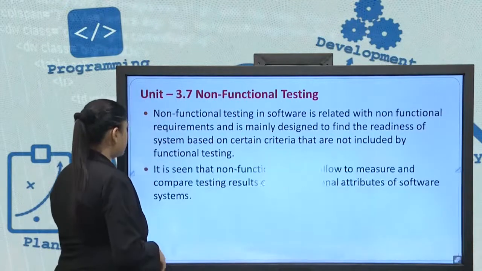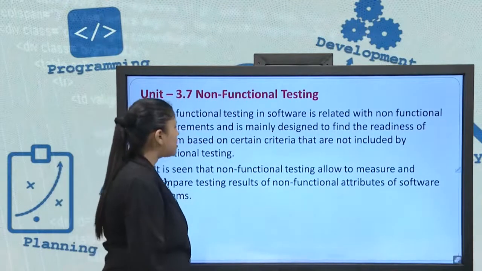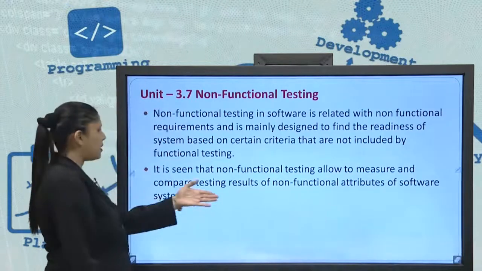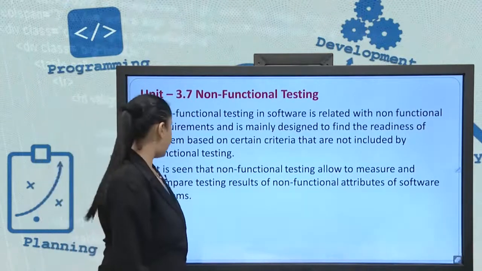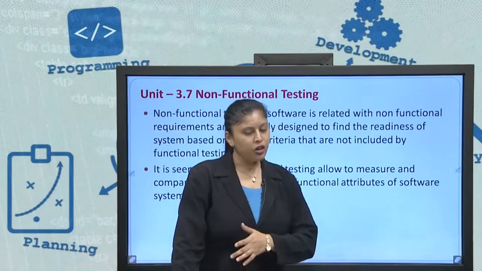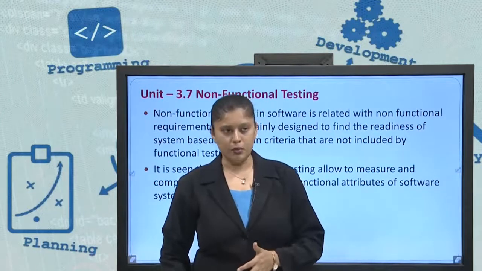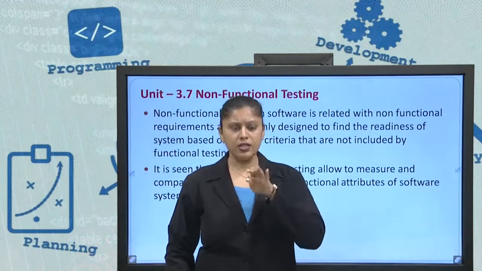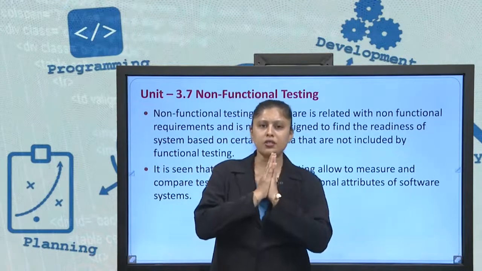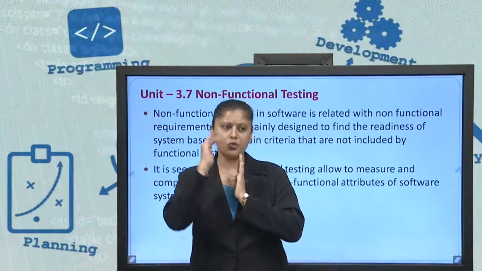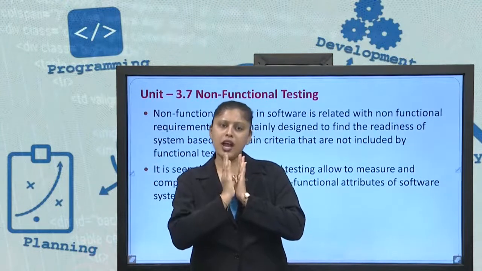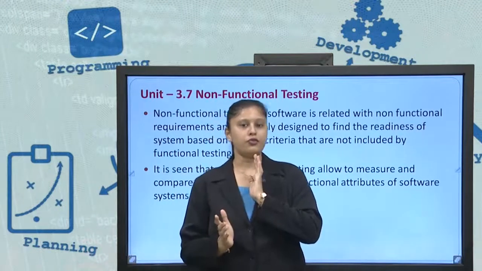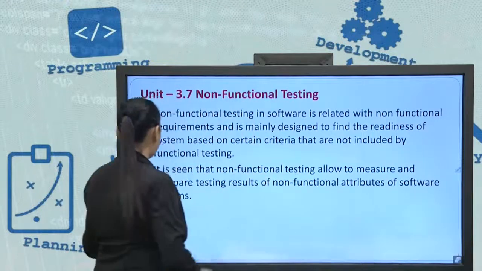Non-functional testing allows us to measure and compare testing results of non-functional attributes of software systems. So all the non-functional attributes of my software system will be tested, and we see whether all those non-functional requirements which were levied down are being fulfilled in my software or not.